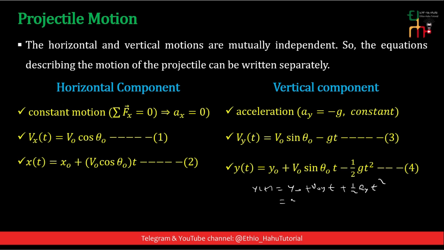This is equal to y naught plus V naught sine theta naught times t, with ay equal to minus g, plus minus 1 over 2 times g times t squared. This is the displacement of the particle or the projectile along the y direction at any instant of time.